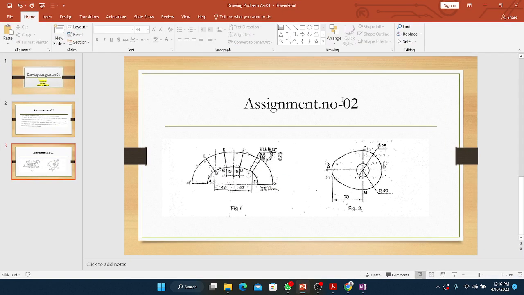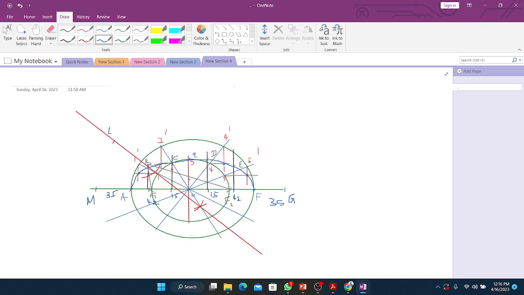Then J and H also you can draw. After drawing those points, you can easily draw the shape of the ellipse using a flexible ruler or manually, in this way. This is the uppermost half portion of your ellipse shape. This is how you draw it.